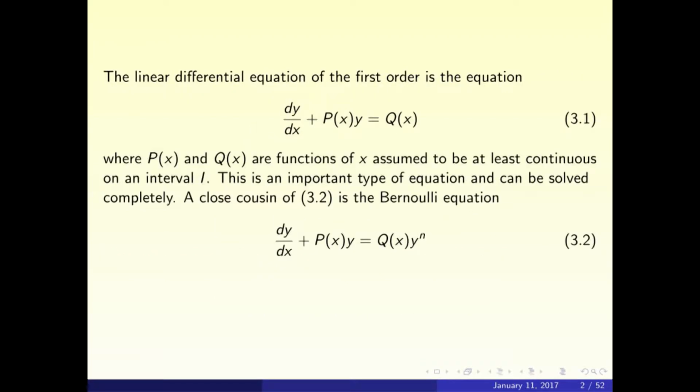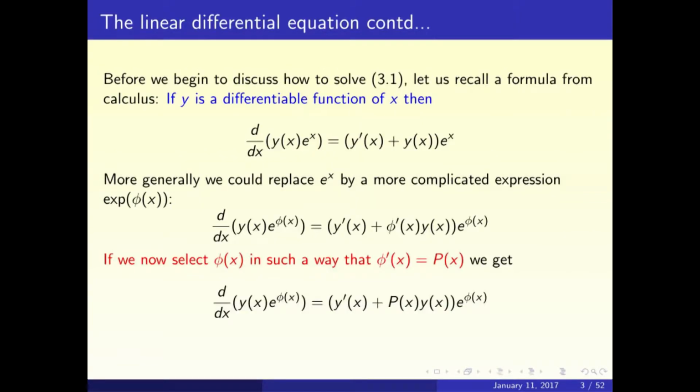So go back to the differential equation 3.1. You get y prime plus p(x)y equal to q(x). So compare 3.1 with this last equation, d/dx of y(x) e to the power phi(x) equal to (y prime plus p(x)y) the whole thing multiplied by e to the power phi(x).